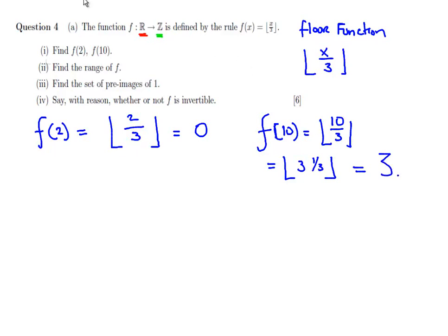So the answers to the first two are 0 and 3.